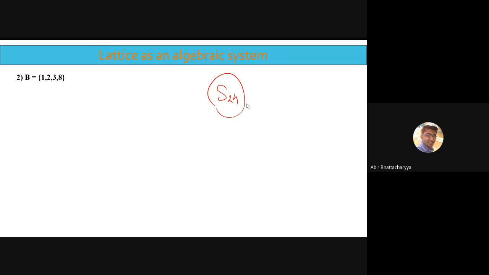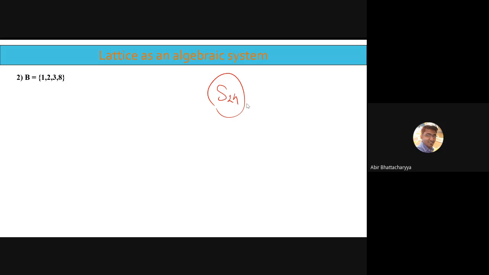But if I find any GCD or LCM that is not inside B, outside of B, then we will stop there and write that this LCM does not belong to B. So B is not a sublattice of S24.